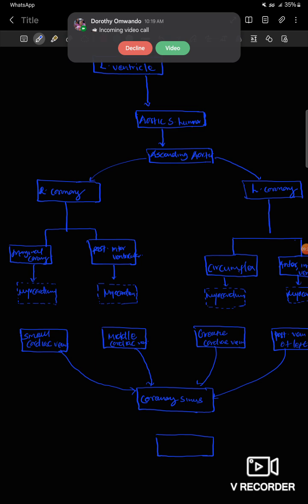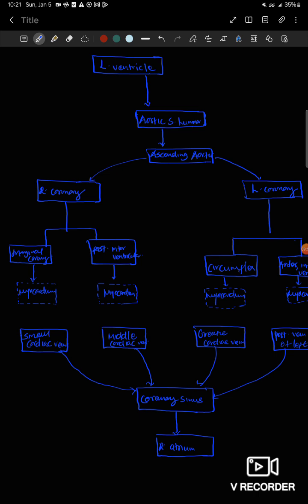From the coronary sinus, the blood goes back to the heart. It's being drained to what we call the right atrium of the heart. After the blood is thrown into the right atrium, it's gonna go back through the same process and be pumped back to the body again.